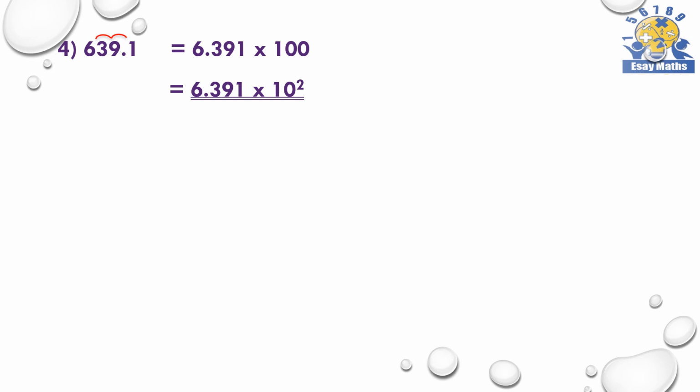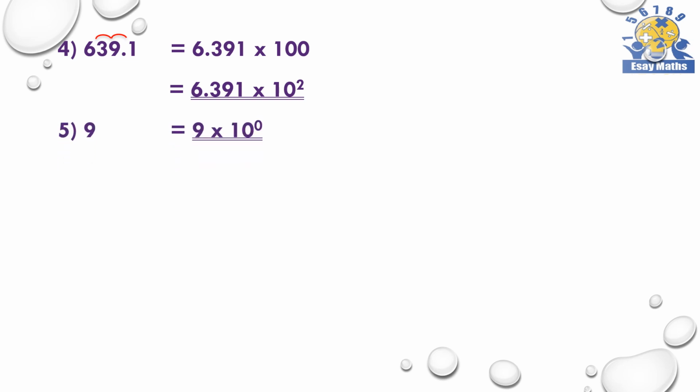Here the decimal point is after 3 digits. Then to obtain 6.391 you should shift the decimal point 2 times to the left hand side. Then the answer should be 6.391 into 10 to the power 2.